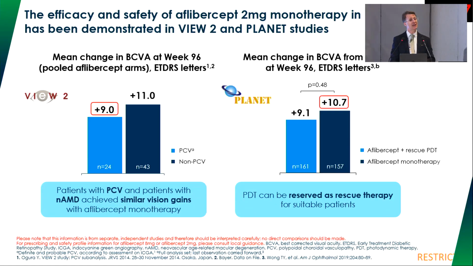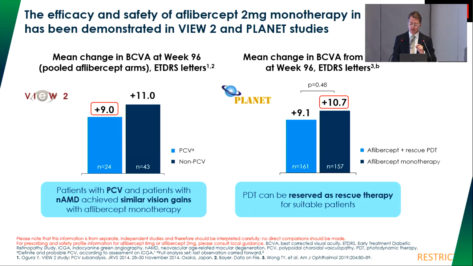So monotherapy with aflibercept 2 milligrams has been studied in PCV in relatively small numbers in the VIEW studies, as we see on the left-hand side, with good visual acuity gains. And then specifically compared with monotherapy plus rescue therapy with PDT in the PLANET study. Once again, we see good visual acuities.